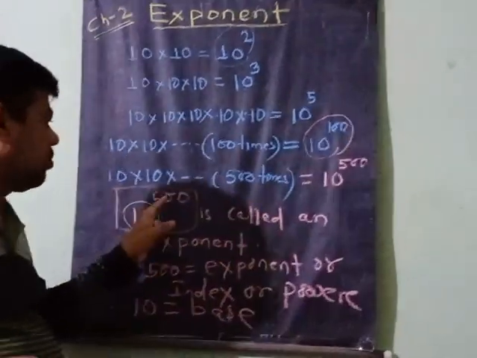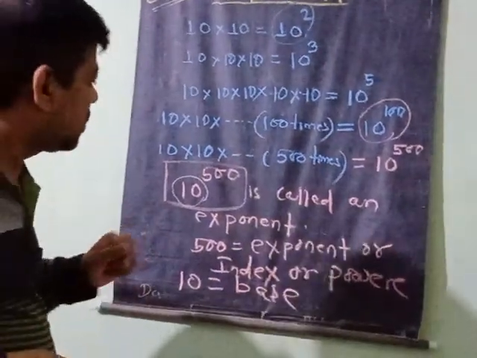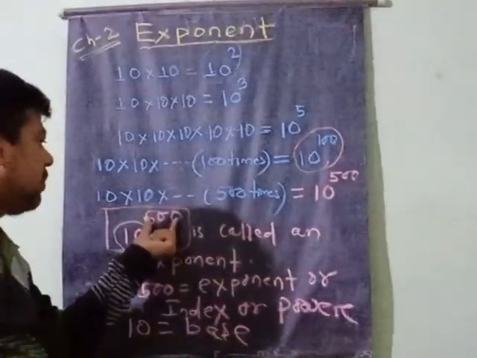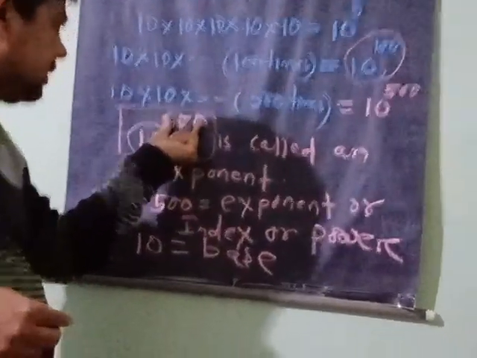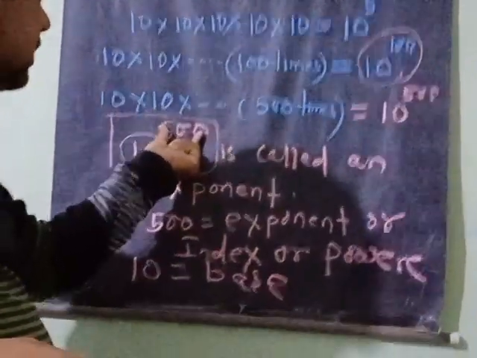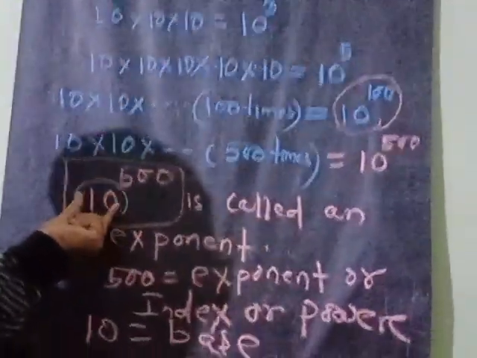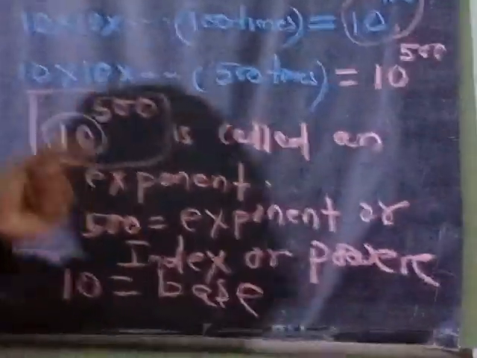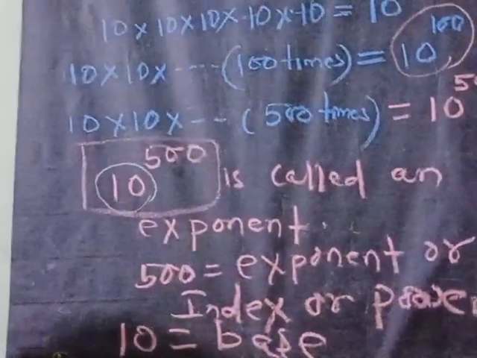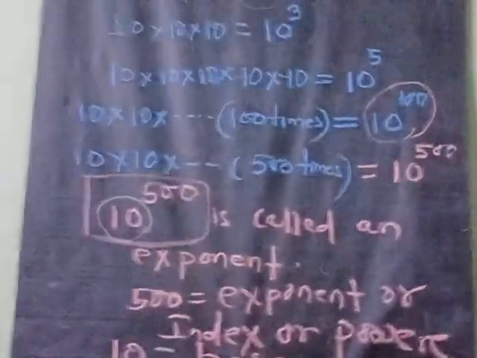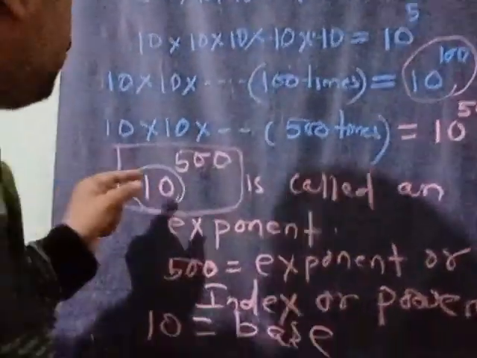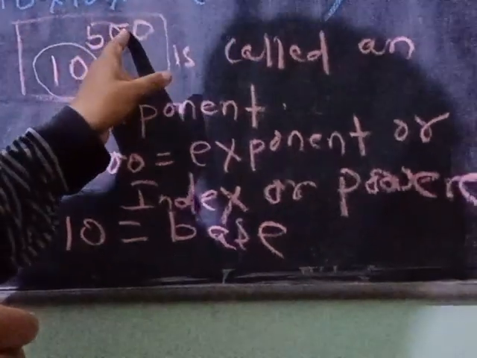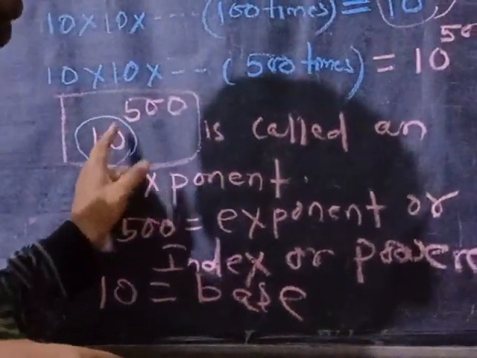One number is 10, the other number is 500, which tells how many times we are going to multiply the other number, 10, in the process of multiplication. This is called exponential. So the exponent is a mathematical operation used to tell how many times the number 10 is multiplied.